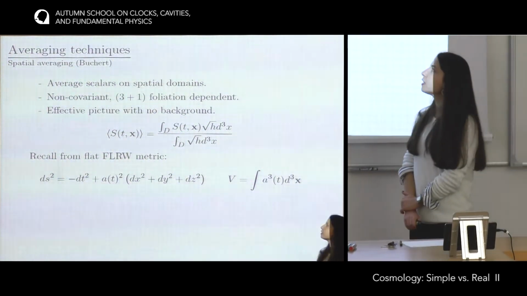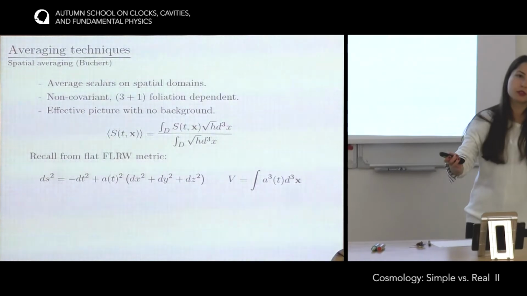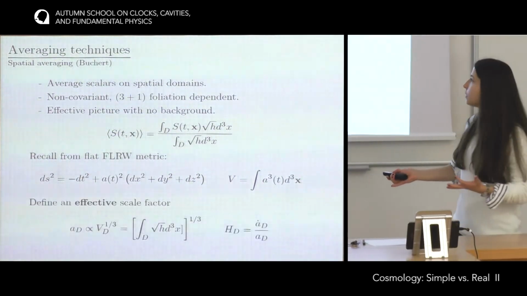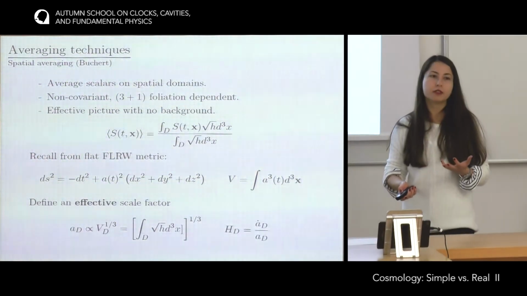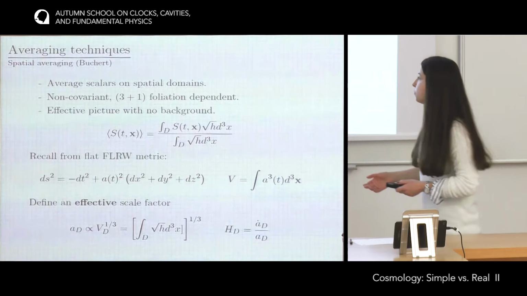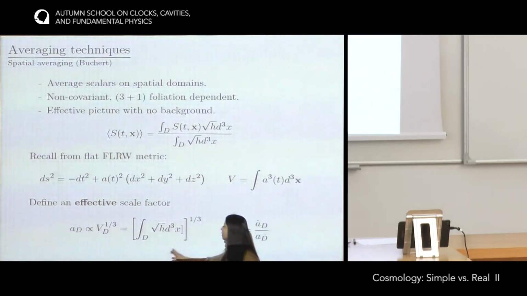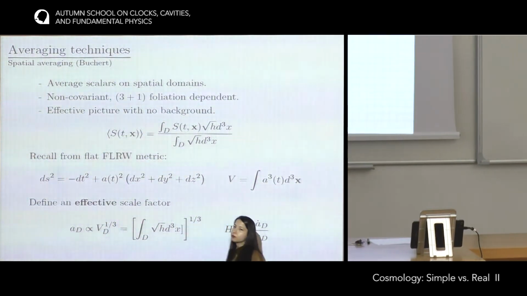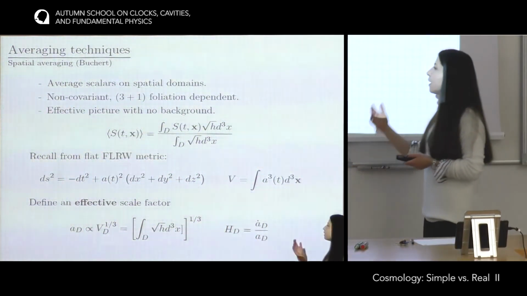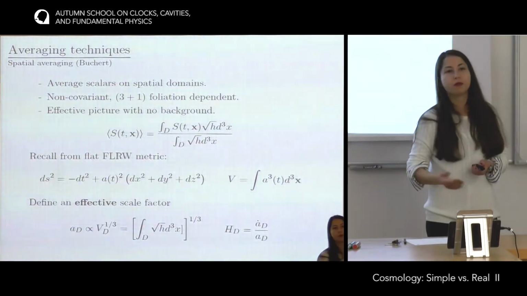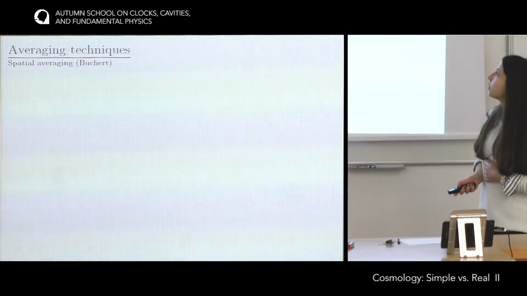So here, since you have some spatial domain, you can define an effective scale factor for your domain via the volume element. You simply take its 1/3 power, and you define an effective Hubble parameter.